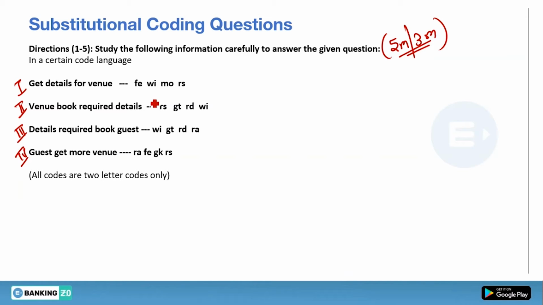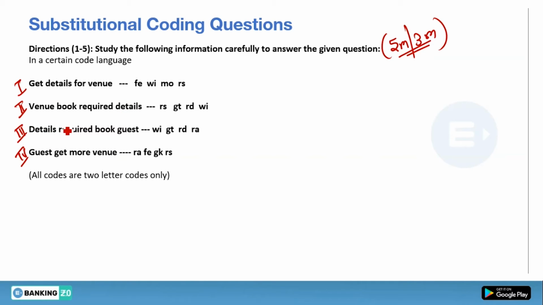What you have to do is check the common word between the statements, then you will get the common code. First check the common word between the first and second statement. That is details, and in the third statement we can also see details is common.